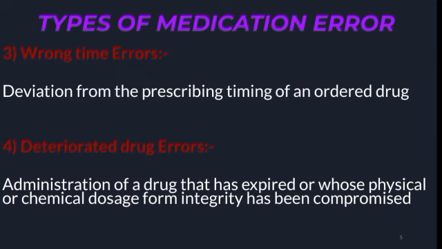It should not be given in the evening. He forgot about that medicine, and only in the evening he remembered. Then he takes the medicine. This can lead to double dosing. So wrong time error is also a major problem.